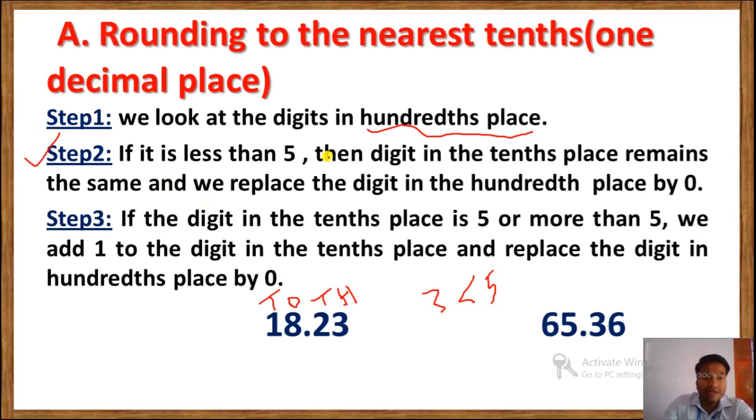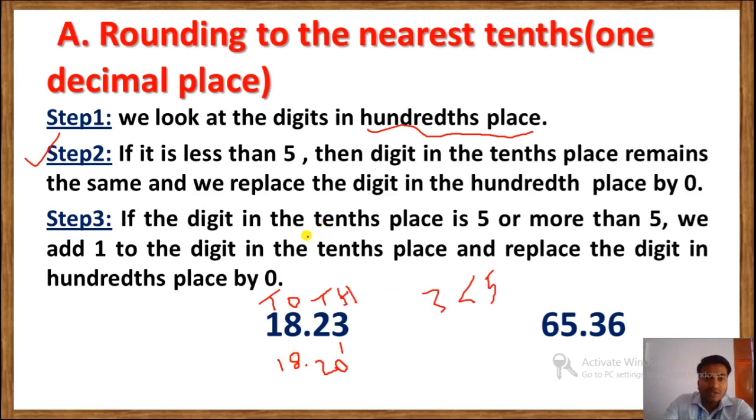If it is less than 5, then the digit in the 10th place remains the same, and we replace the digit in the 100th place by 0. So this one we have to replace by 0, and this 10th place value will be the same, and this side also will be the same.